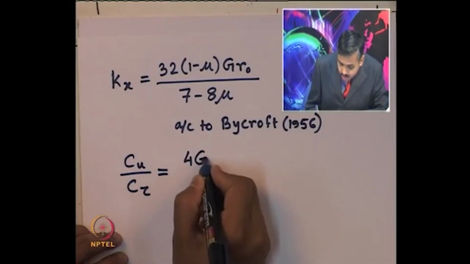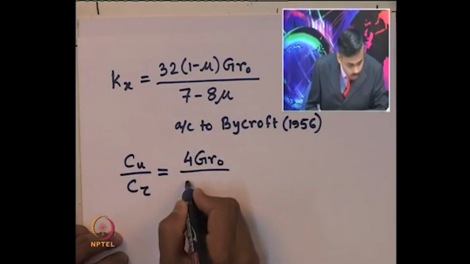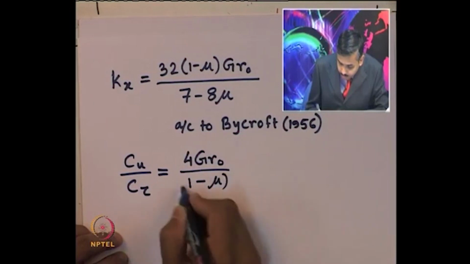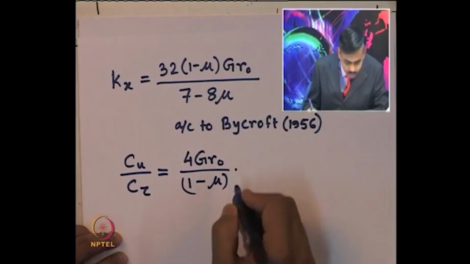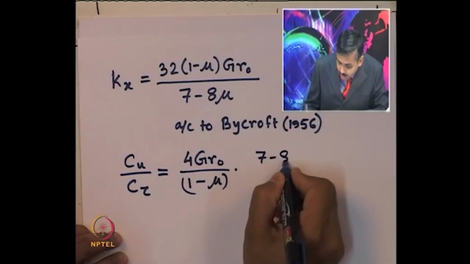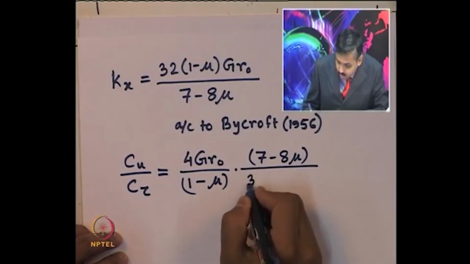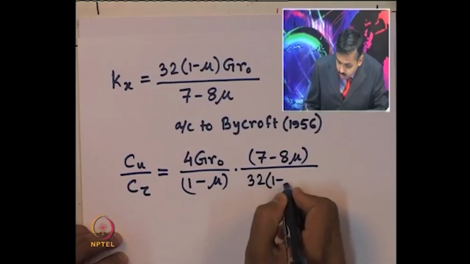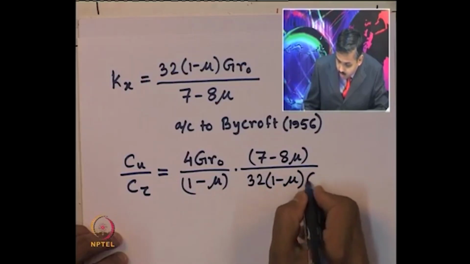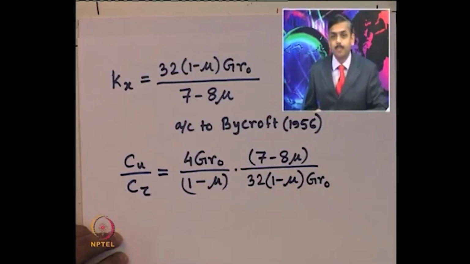So, 4 G r naught by 1 minus mu times 7 minus 8 mu by 32 times 1 minus mu into G r naught.